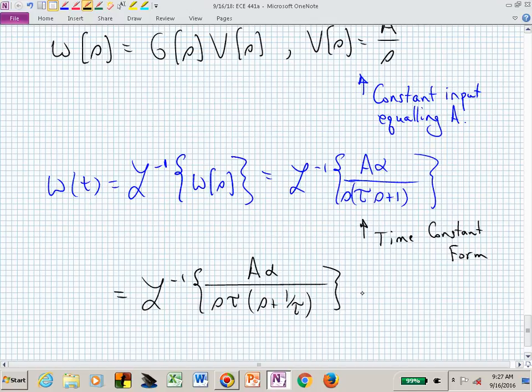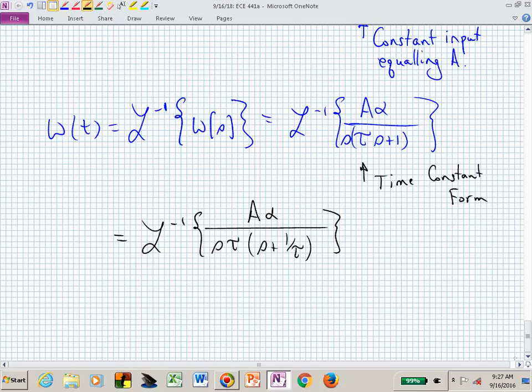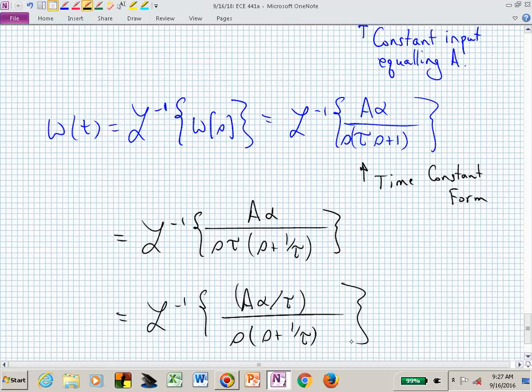Or if that still doesn't look right because of that tau sitting down there, let's just pull that upstairs so that we now have A alpha over tau, over s plus 1 over tau. This now, I hope, makes you feel a little bit more warm and fuzzy. This is now in pole zero form.